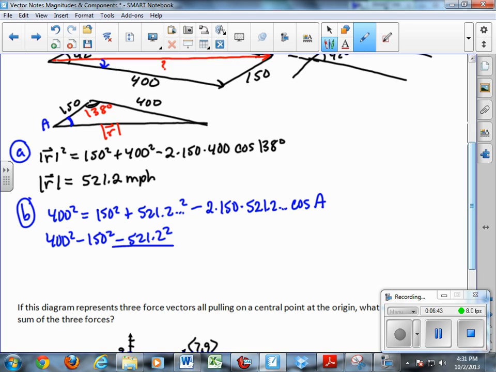That's going to equal negative 2 times 150 times 521.2 times cosine of A. So I could divide everything by negative 2 times 150 times 521.2, get rid of all of that, and that would equal cosine of A. And then to find the answer, I would take inverse cosine of all of this would equal A.